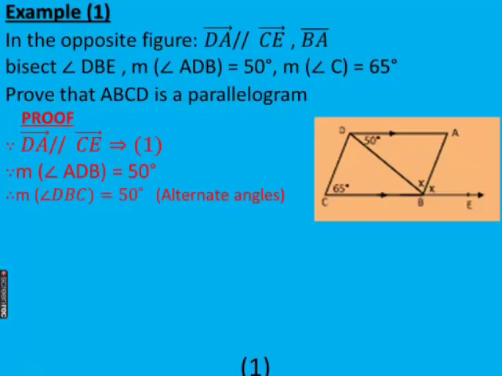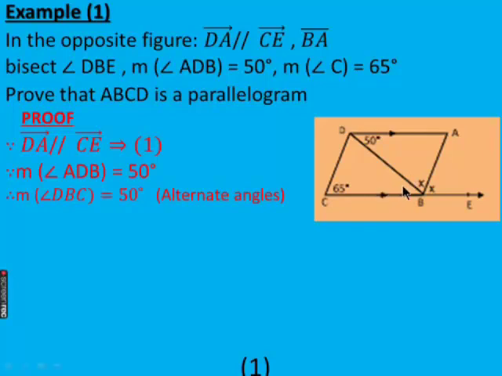Look at the figure: ADBC forms the letter Z. Therefore, the measure of angle ADB equals the measure of angle DBC, which equals 50 degrees, alternate angles.